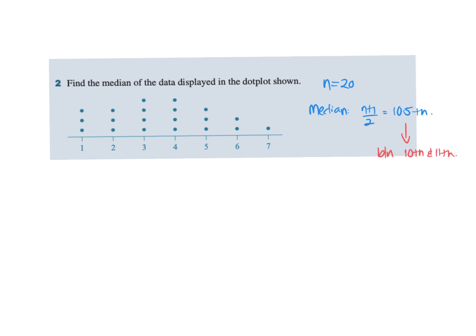So we count 1, 2, 3, 4, 5, 6, 7, 8, 9, 10 and 11. The 10th value was a 3 and the 11th value was a 4. When you're finding the median in even sets of data, you add those two together. So 3 plus 4 divided by 2. So what would that be? Yeah, 3.5 equals the median.